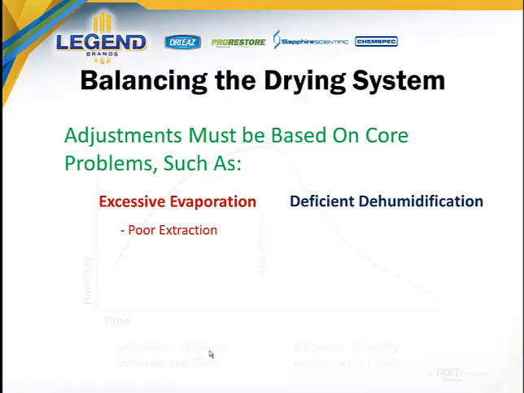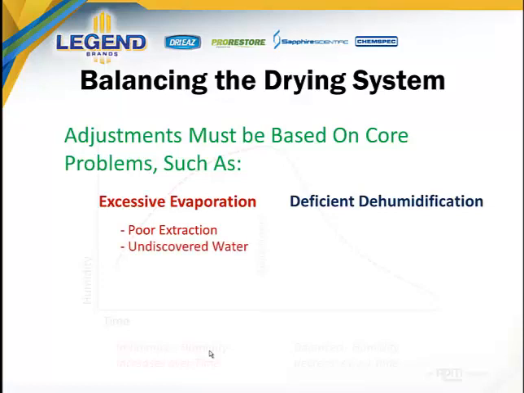If this is the reason why humidity is increasing so rapidly, adding additional dehumidification will not fix this problem. It'll simply eradicate the symptom of this problem in the environment, and will still lead to excessively long dry times and potentially damages from the excess moisture being present for so long in the environment.